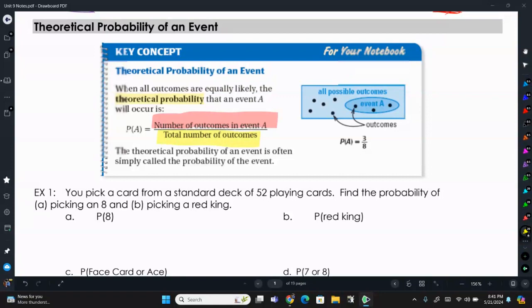So again, for example, if we're looking at that dice, and I want the probability of rolling a 1, well, how many 1s are there on a dice? There's 1 of them. And how many possible outcomes are there? There are 6. So the probability of rolling a 1 would be 1 out of 6. And again, that's theoretical probability. That's what we expect to happen.